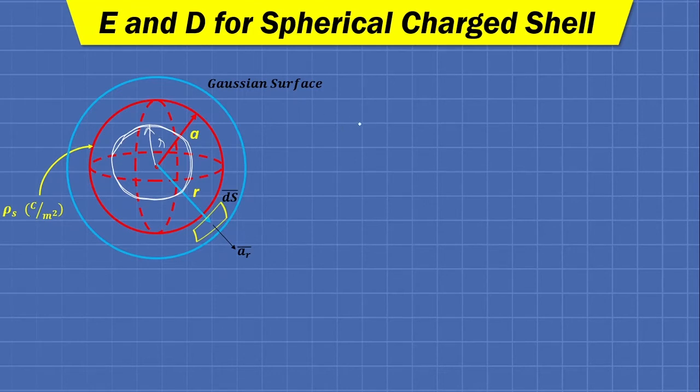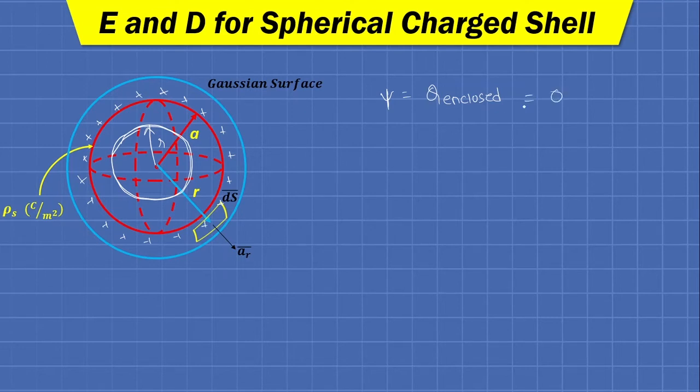So what will happen? According to Gauss's law, psi is nothing but Q enclosed. But here all charges are distributed on the surface of spherical shell. So inside the sphere there is no solid material and no charges are there.